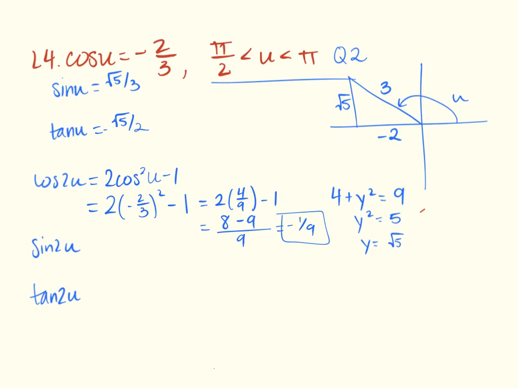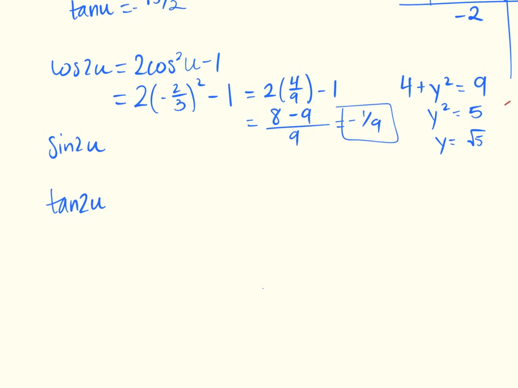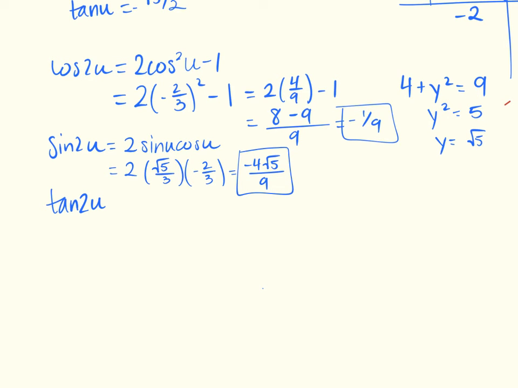Then for sine of 2u, I'm going to use my formula first, right? And rewrite this as 2 sine u cosine u. Sine u is square root 5 over 3, and cosine u is negative 2/3. So this will be negative 4 root 5 over 9.